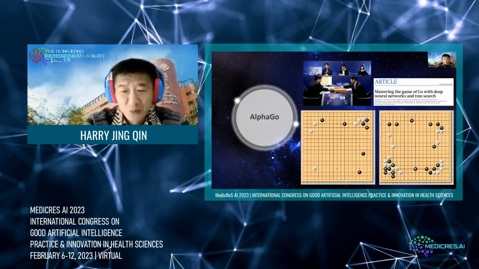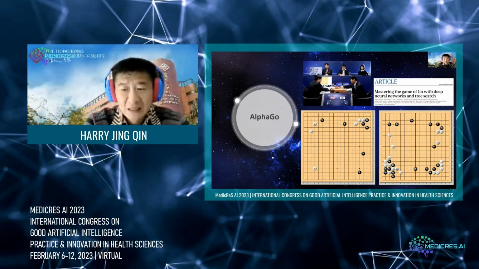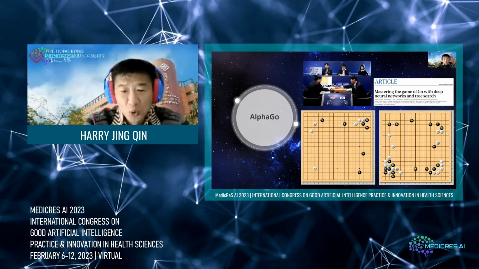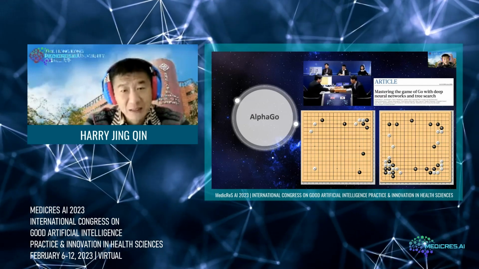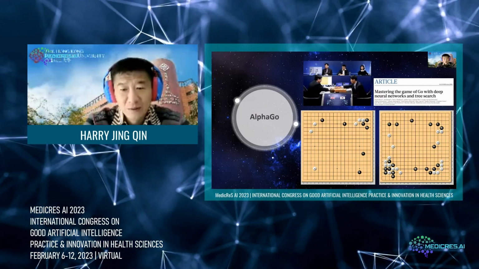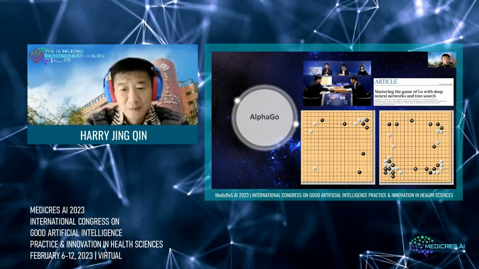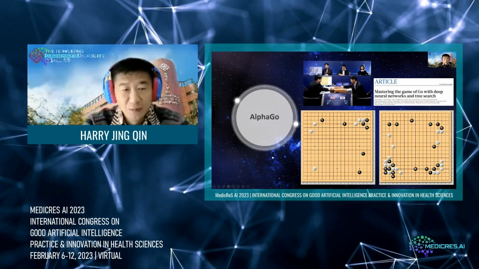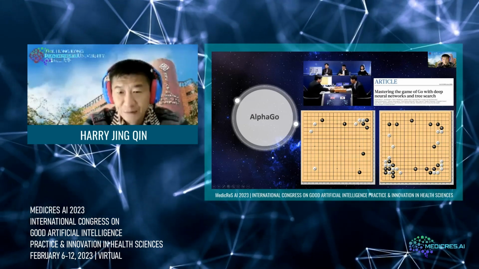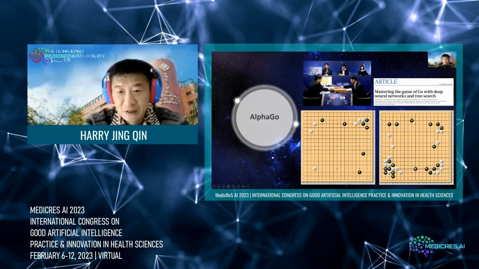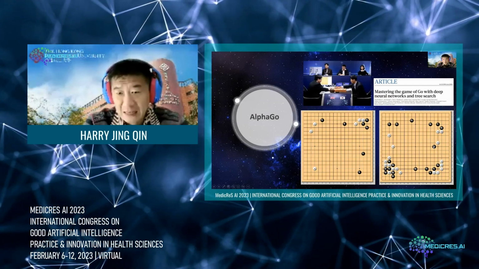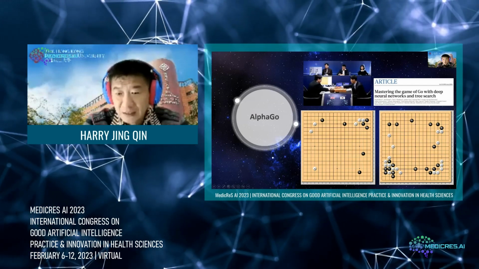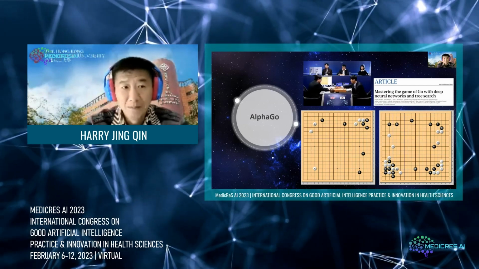And what shocked me more is that in the matches, AlphaGo made some moves that human players will never, ever make. For example, the M10 and M12 in the first figure and the M37 in the second figure. Traditionally, we think these moves are bad moves.